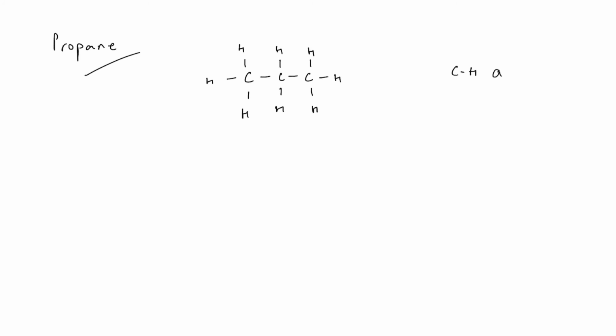I want to finish by having a think about radical substitution of propane. So propane, we've got 3 carbons, each bonded to hydrogen. Now when you look up the bond strength, the bond enthalpy of a carbon-hydrogen bond, we're talking about an average bond enthalpy.